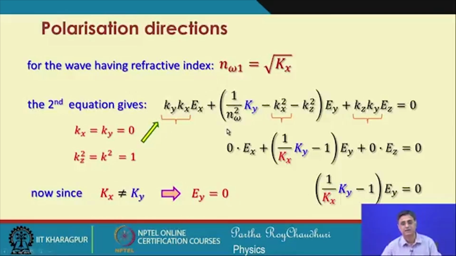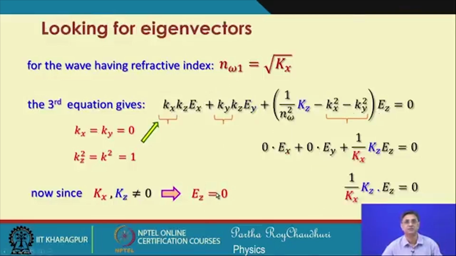So, the wave is travelling along the z direction, the refractive index seen by this wave is n x, and there is no E y. So, it is only E x which is surviving. So, let us use this wave refractive index value and plug it into the third equation.